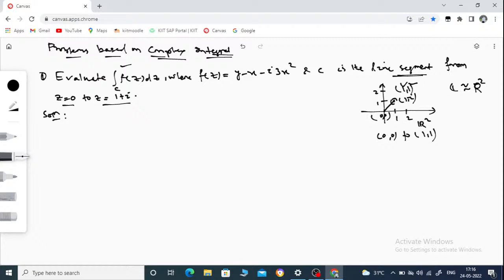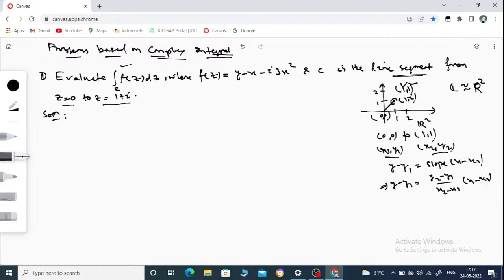Then what is the line segment joining them? Suppose this is the point (x1, y1) and this is the point (x2, y2). From coordinate geometry we know the line joining these two points is y minus y1 equal to the slope times x minus x1, where the slope is y2 minus y1 divided by x2 minus x1.